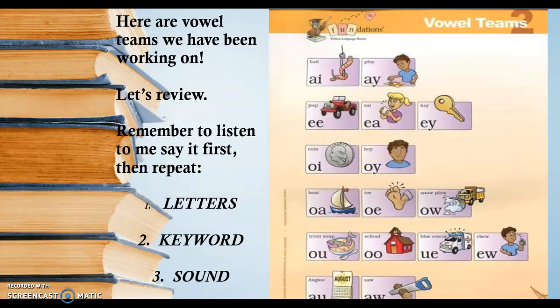Beneath that, we have OE, toe, O. Below that, we have OO, school, oo. And last but not least, we have AW, saw, aw.